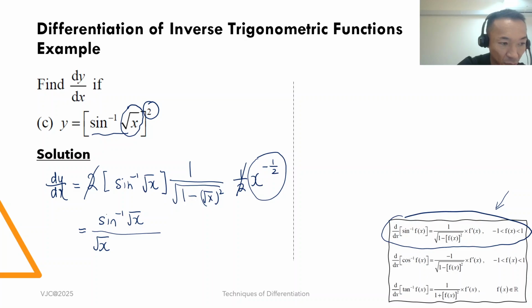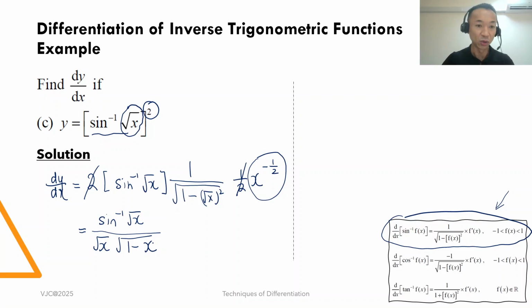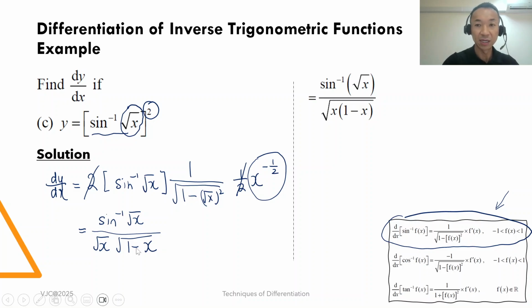And then you have your square root of 1 minus root x squared, which is just x, so 1 minus x. If you want to further simplify a little bit, you combine the 2 brackets together. This is almost there already. Your final answer is this. From here to here is pretty standard. Alright, that's that. Thank you.